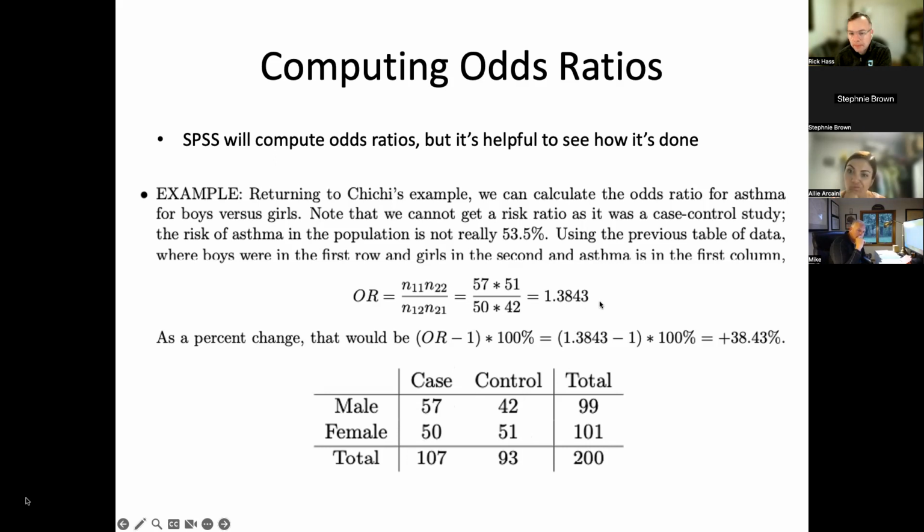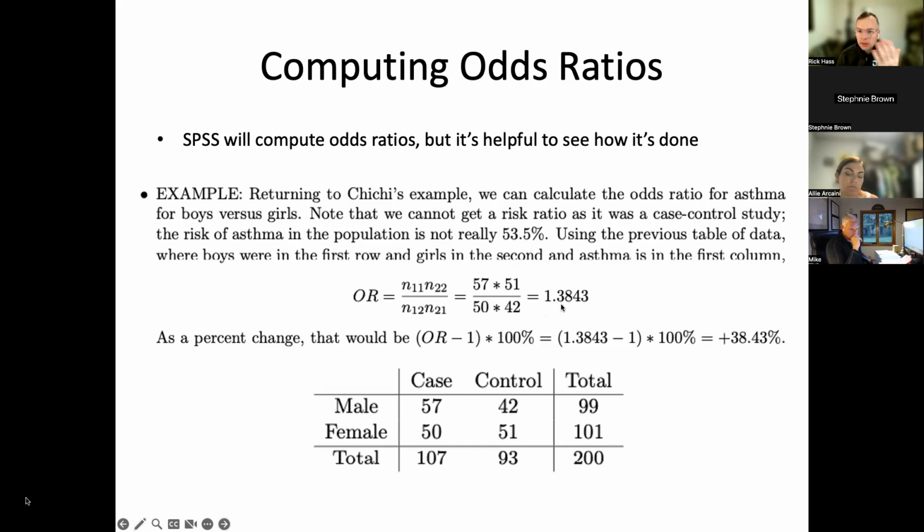What does that mean? Well, there are 2 ways to interpret that. That means that the odds of being asthmatic and being male are 1.3843 times larger than the odds of being asthmatic if you're female.